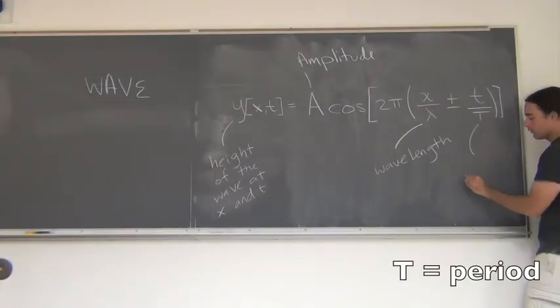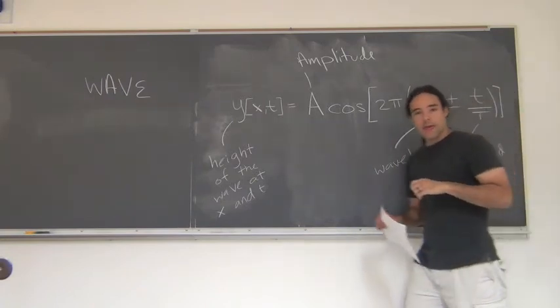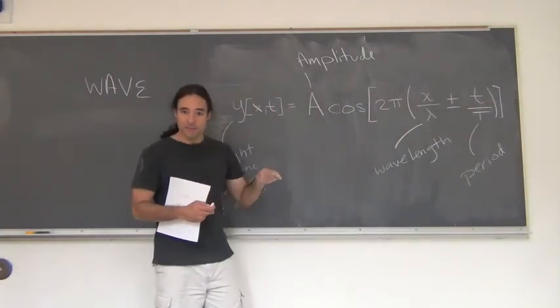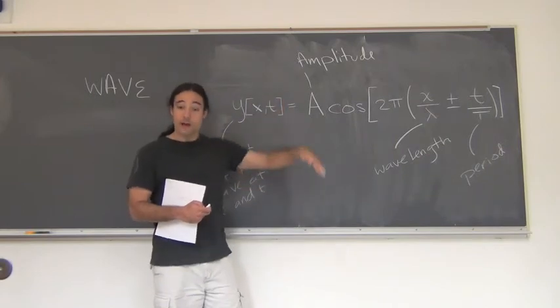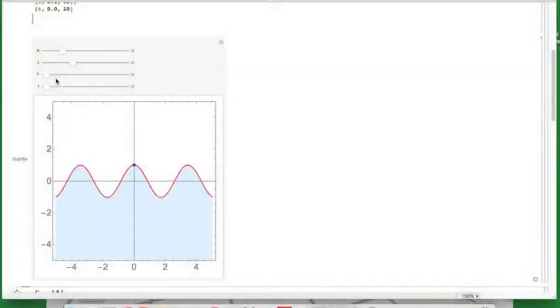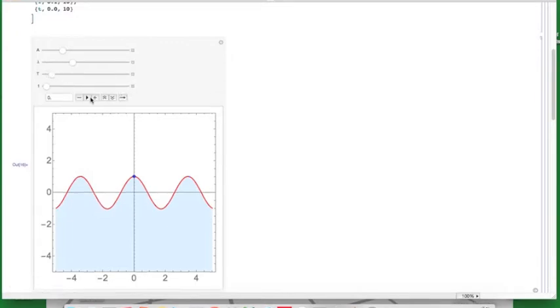Big T is called the period. That tells me the time it takes for one particle on my wave to start up, go down, and then come back up. Let's see what happens if I start off with a small period. If I animate that, you can see the particle jumps up and down quite a bit. It doesn't take very much time at all.